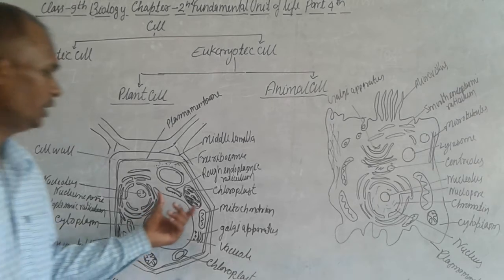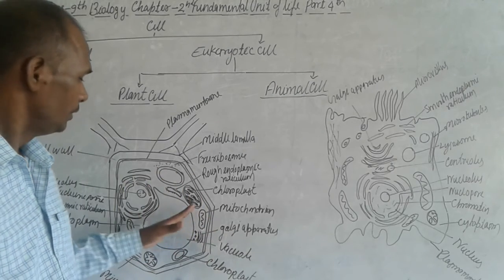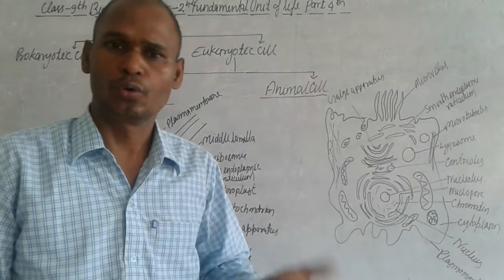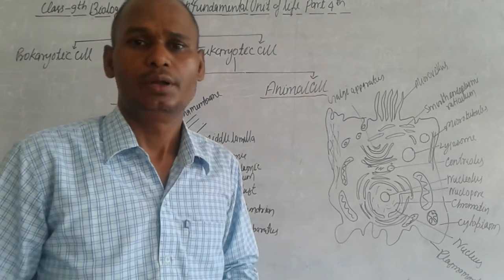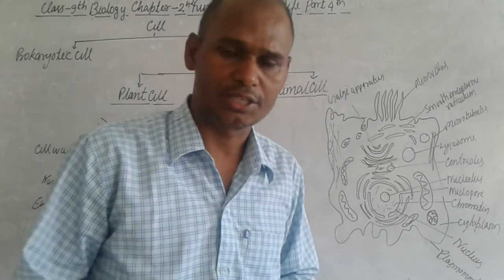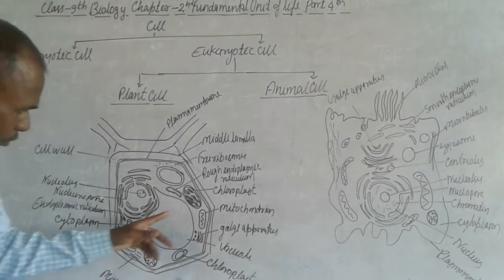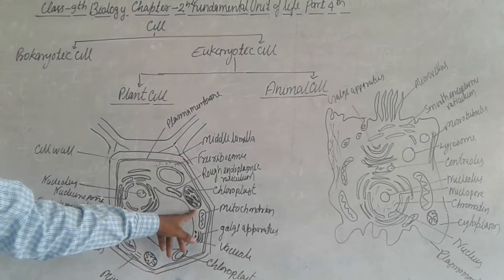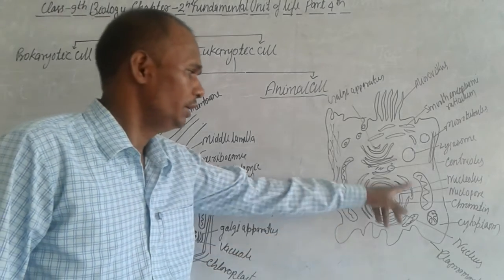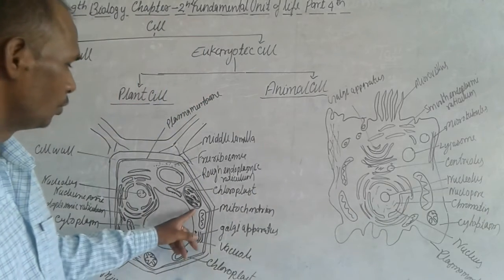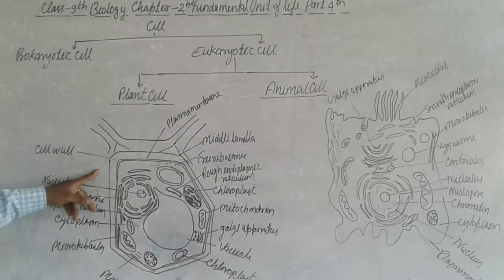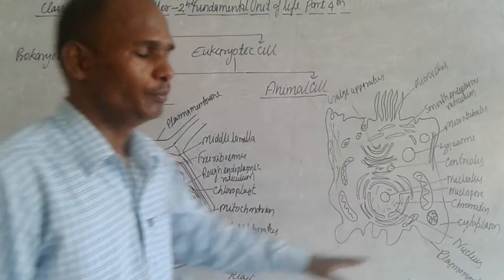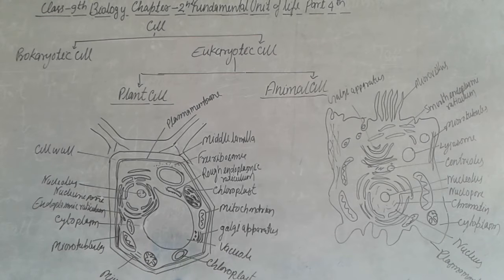It is found only in plant cells. But Euglena has chloroplast. This is an exception. So chloroplast is present in plant cells and not in animal cells, and the cell wall is present in plant cells and not in animal cells.